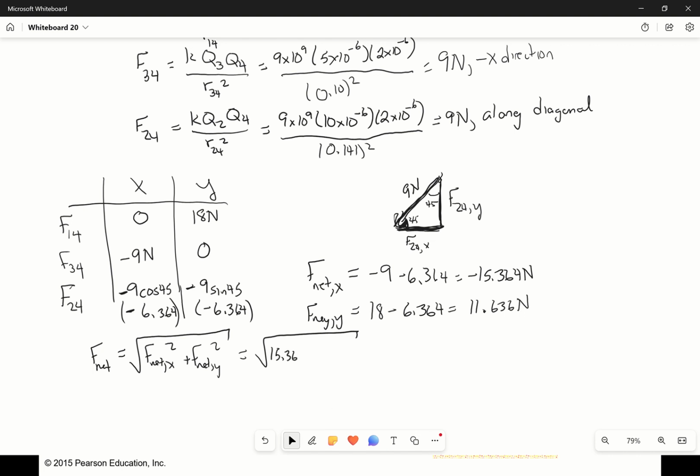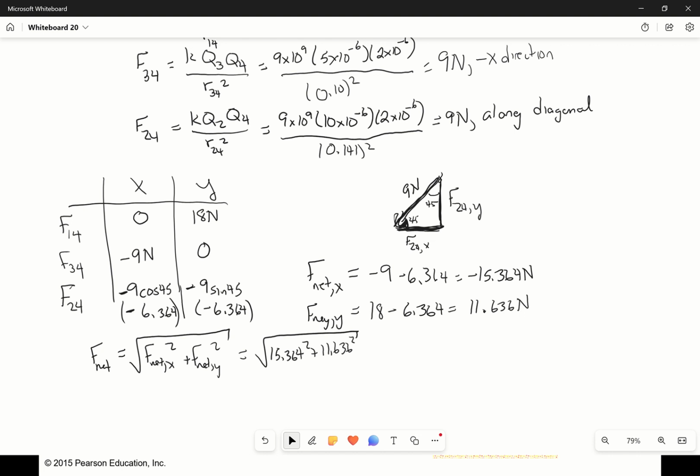So it's going to be square root of 15.364 squared plus 11.636 squared. Why did I get rid of the negative sign? Well, when I square the negative sign for the minus 15.364, it's going to become positive.